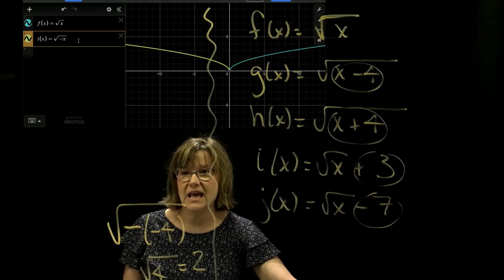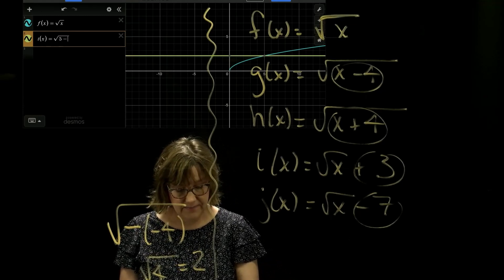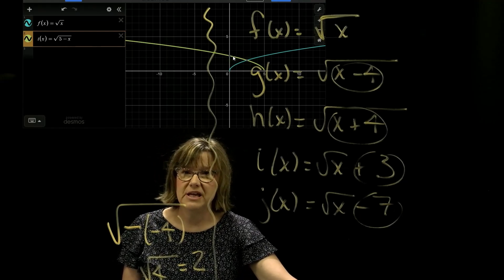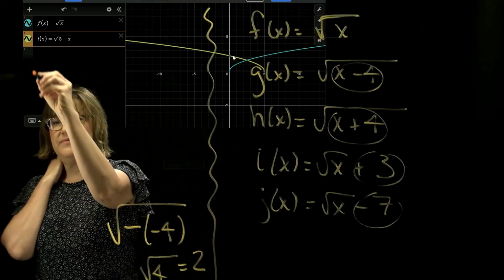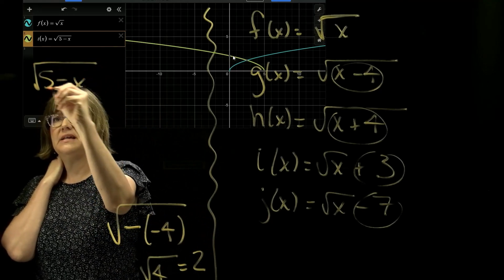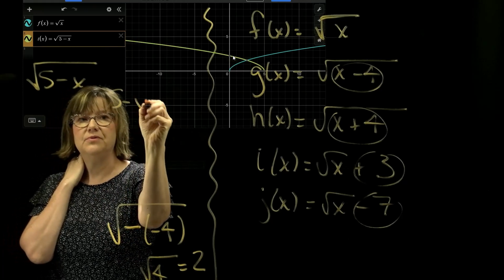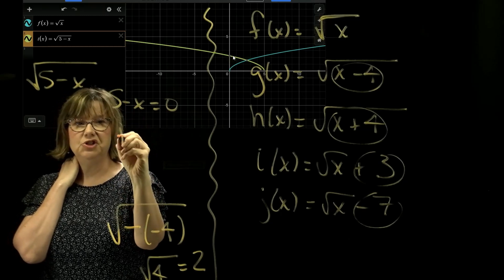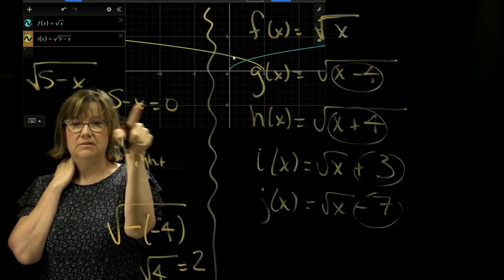What if I have, say, 5 minus x? What's going on there? That's my green one. Does that make sense to me? We have the square root of 5 minus x. Now, you might think, if I set that equal to 0, I would need a +5. Did it shift over +5? Did it go to the right 5? Yes, it did.